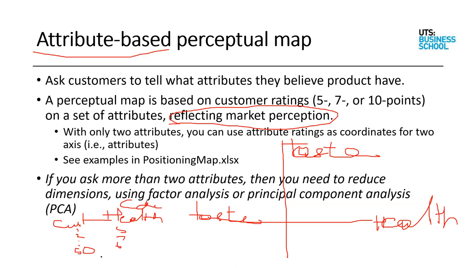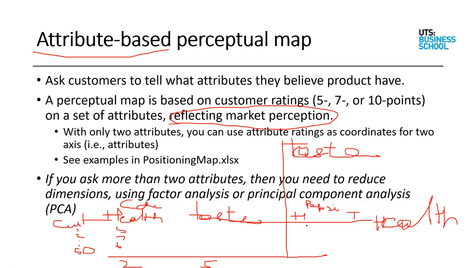So across all the customers, you take an average across all the customers. Okay. And let's say the average rating on health for Coke is 2, on taste is 5. Same way for Pepsi, I'll just write H for health and T for taste.